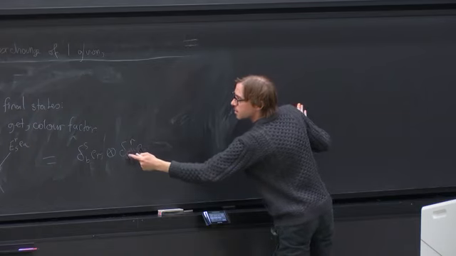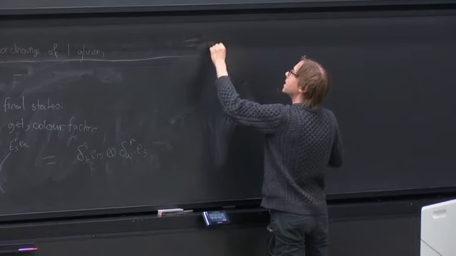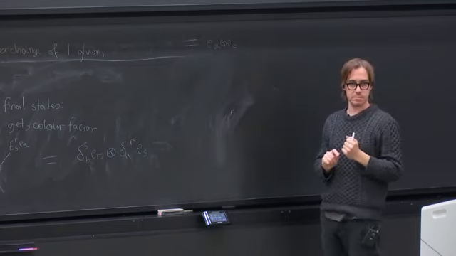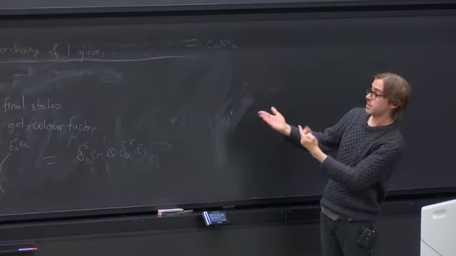So this index R is A. So I have this E_A, that's E_B. Okay. So what have we determined?